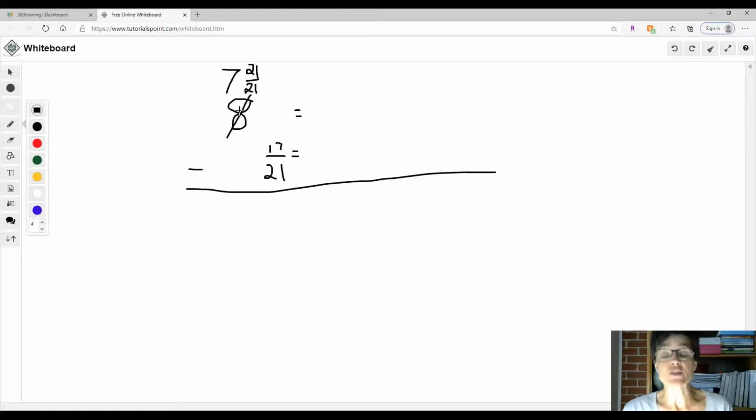It equals 8, so we did not change our amount. You can't just change the amount. You've got to give it or take it, or change it to where it's the same number. It means the same thing, just in a different form. So 7 and 21 over 21 is the same as 8. Now, we don't have a whole number on the other side, so that's going to be our fraction here because there's nothing there.